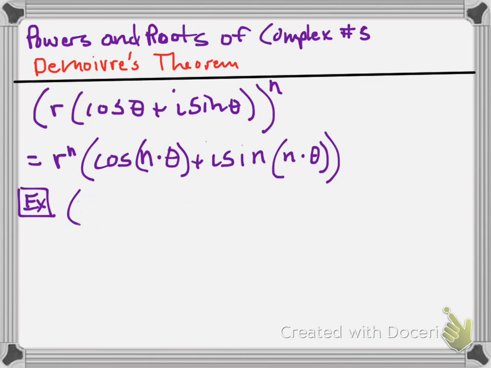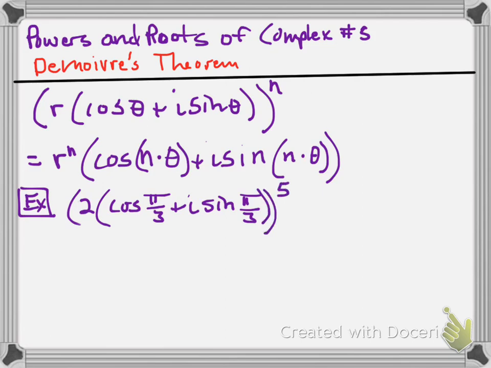I got lost with my parentheses in there. 2 cosine of pi over 3 plus i sine of pi over 3 raised to the 5th power. There we go. I'm just going to apply the theorem there.